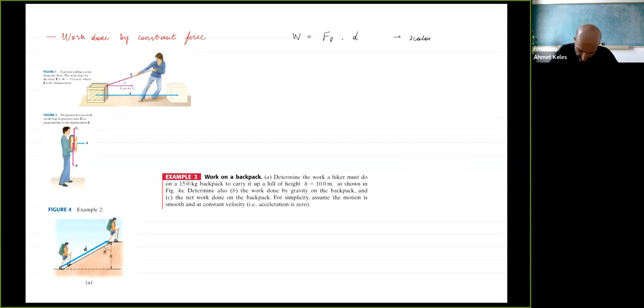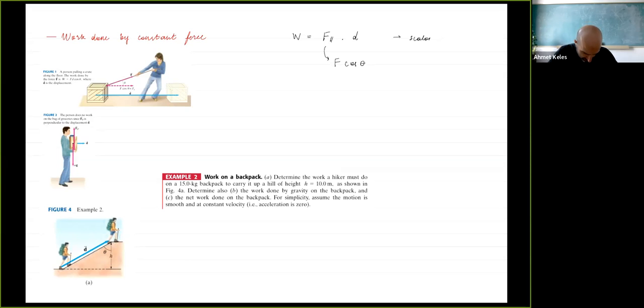F parallel is F projected along the displacement, so if you define this angle to be theta, F parallel is going to be F cosine theta.